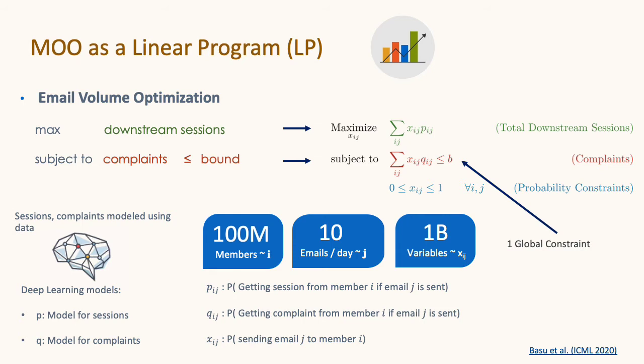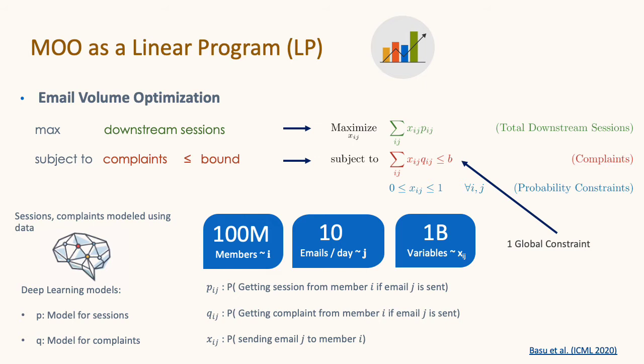Let's start with the MOO problem. The variable of interest for us is x sub ij. Let x be the probability of sending an email j to a member i. There are two utility models, p and q, where p is the probability of getting sessions from member i if email j is sent, and q is the probability of getting a complaint from member i if email j is sent.